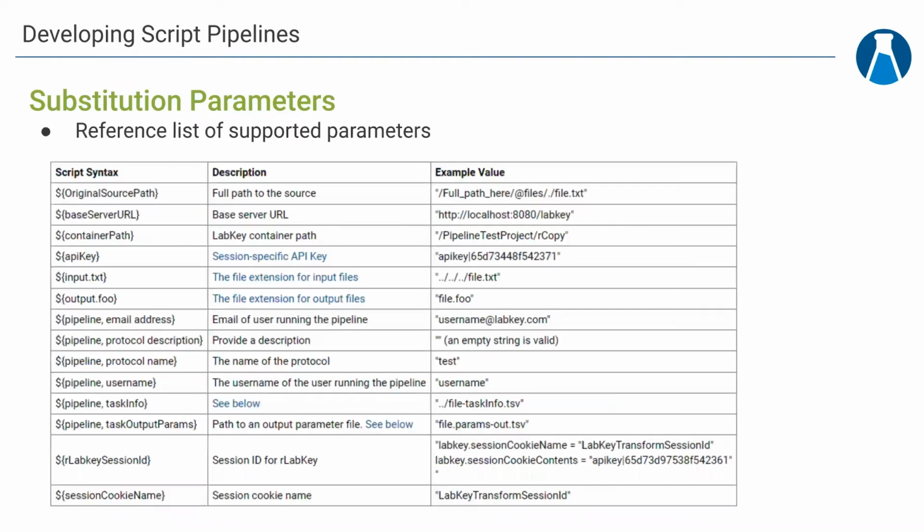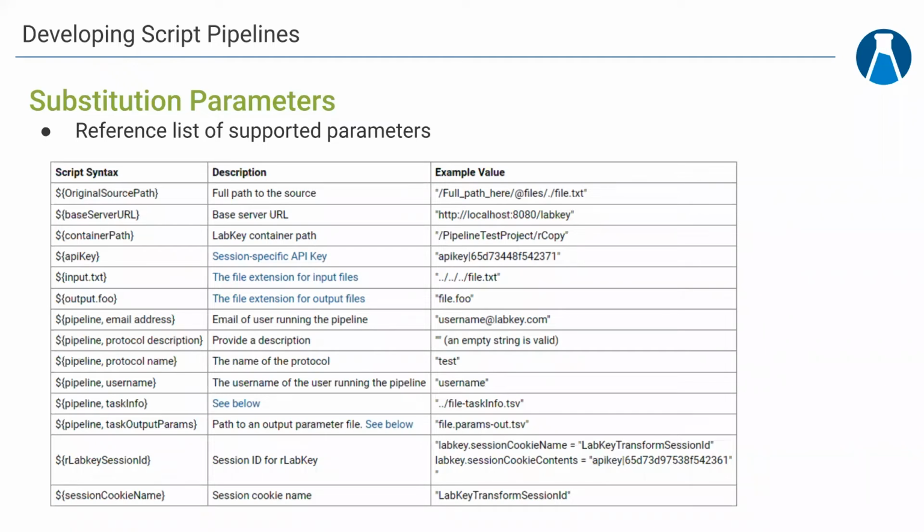And so here's a list of the various parameters that we do support. This isn't quite a full list, but it's a good example of common things that can be used.